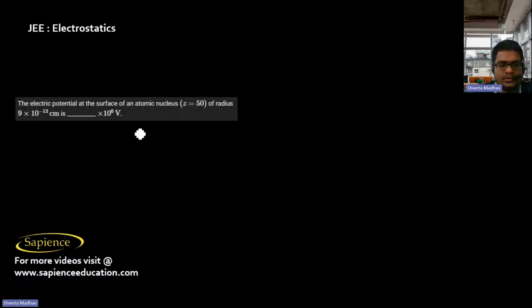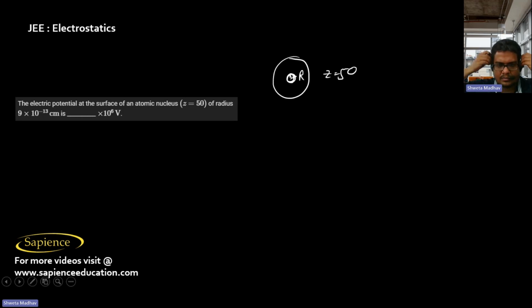Okay, so here we are told the electric potential at the surface of an atomic nucleus, which has Z equal to 50, and radius, so this is the radius of the atomic nucleus.